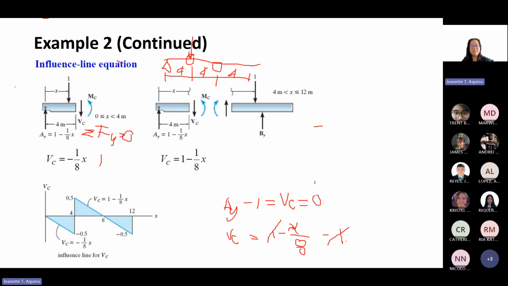So that is our answer here. So the shear BC on the left side of point C is negative x over 8. Okay, so we can erase the other. Erase this first.